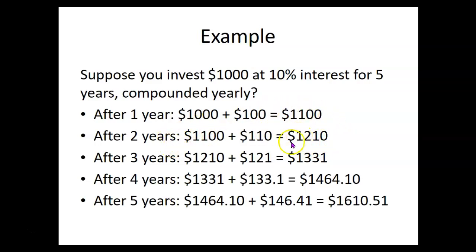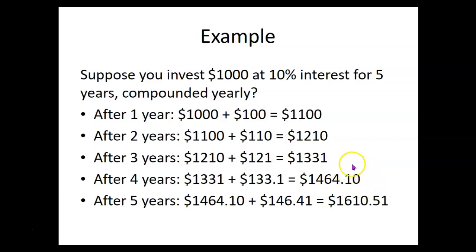For the third year, the interest that you earn is 10% of that amount. So $121 gets added on, which brings you up to $1,331. For the fourth year, the interest you earn is 10% of that amount. So that gets added on and brings you up to $1,464.10.